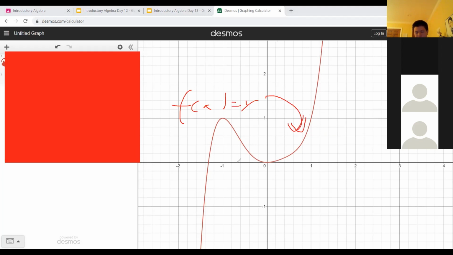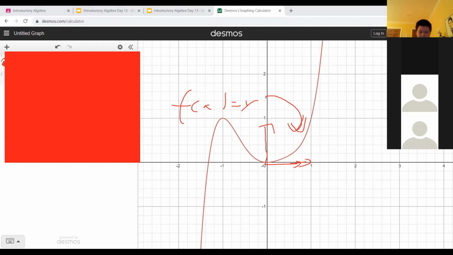However, what if I wanted to shift this function? What if I wanted to move up this function? Or really moving up the graph, I'm not really changing the function.